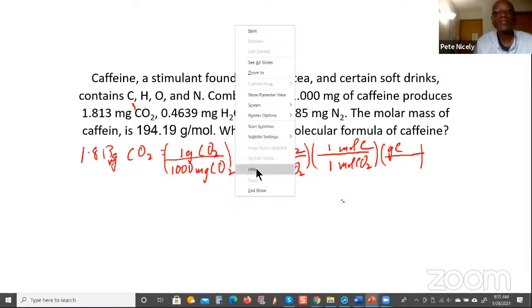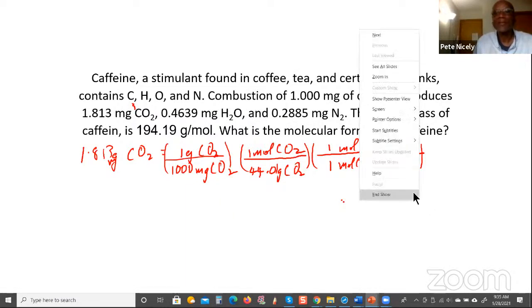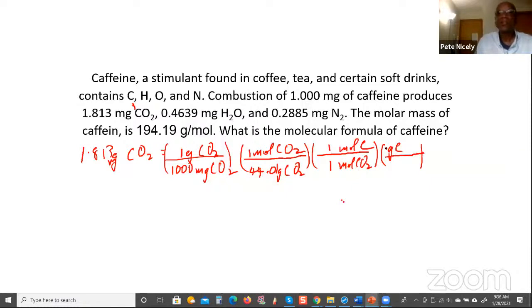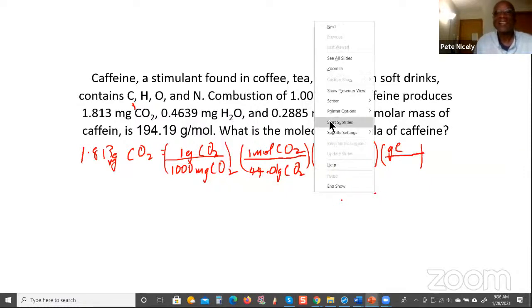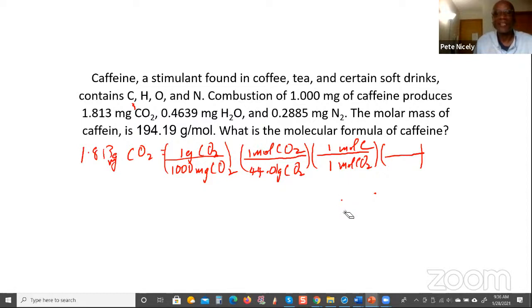Hold on one minute. Okay, how do I get back my pen? Oh, here. Okay. All right. So this should be, actually, let me get my eraser again. I'm sorry about this, folks. So let me erase this top part here, and then let me get back my pen function.